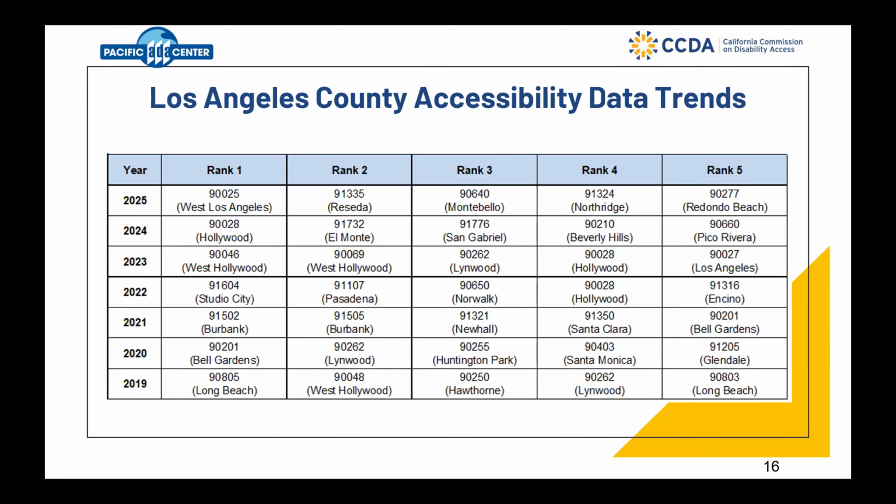As you may be able to see, but I'll also verbalize, throughout the years, there have been some cities that have repeatedly come up from the Los Angeles area, such as West Hollywood, Linwood, Long Beach, general Los Angeles County, and you can see that the city names do change from year to year, and there are a lot of varied reasons for that.